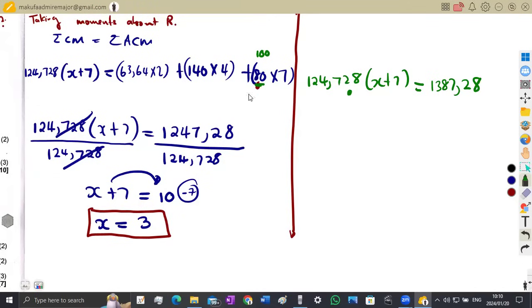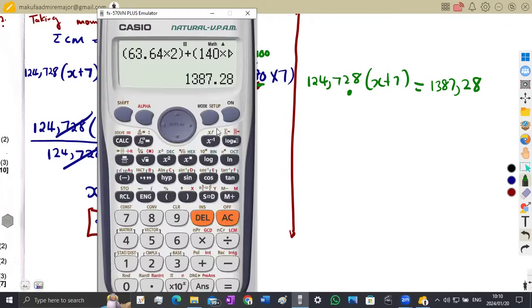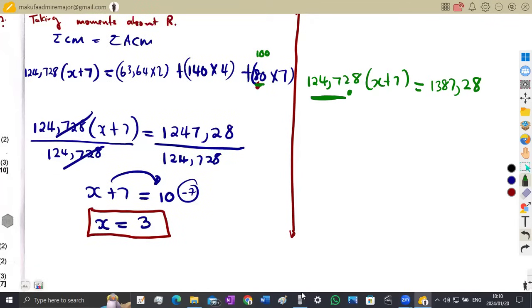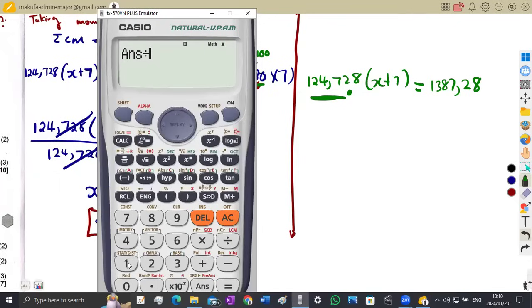If you check, you're actually having different answers there. So if we divide this by this number on this side, it's going to be 124.728, and you get 11 point something. You see now the decimal that you're getting. Then you subtract the 7, just like what we had. It's going to be 4.122.